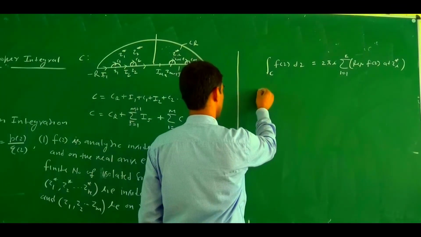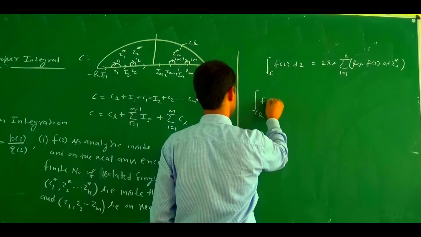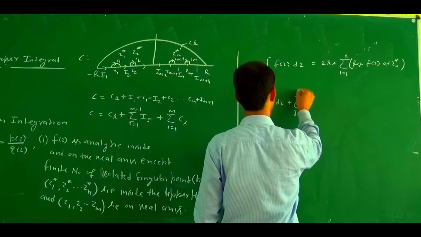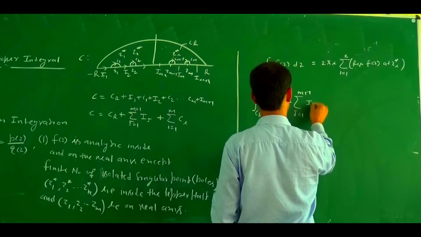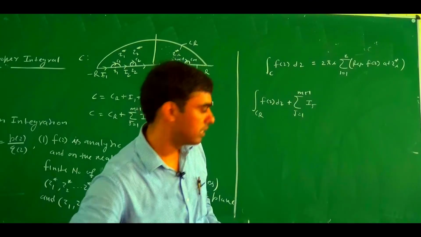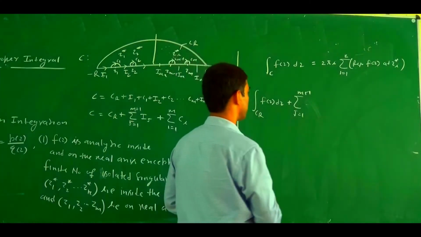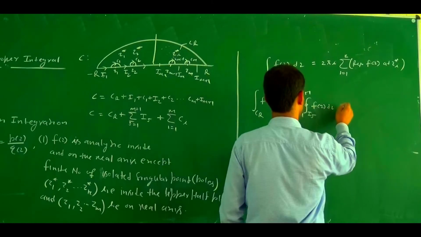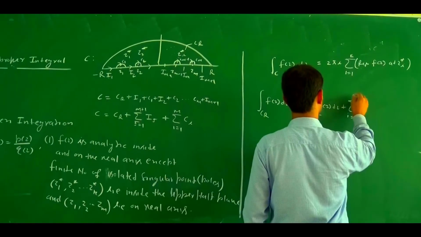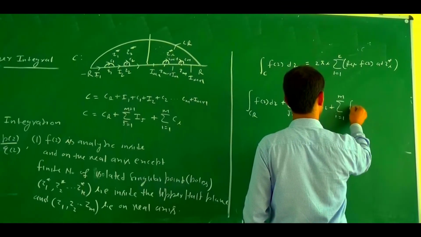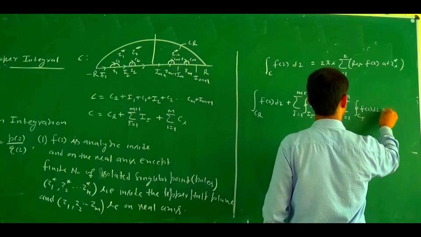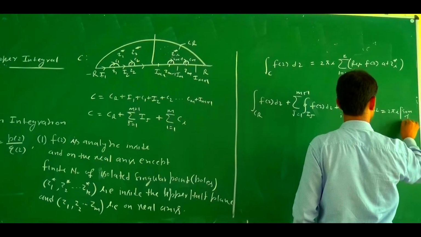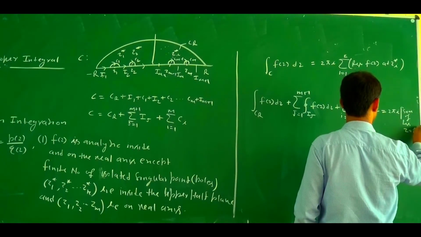So the integral over CR of f(z) dz, plus the summation j equal 1 to m plus 1 of the integral over Ij of f(z) dz, plus the summation i equal 1 to m of the integral over Ci of f(z) dz, equals 2 pi i times the sum of the residues at z equal z star.